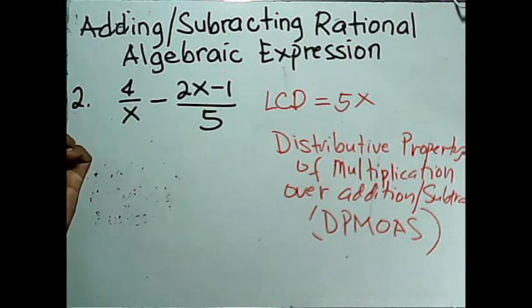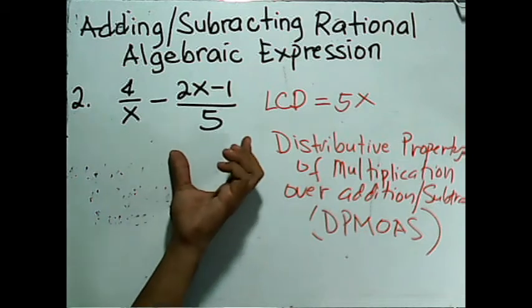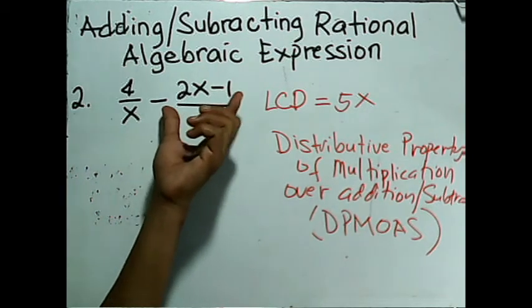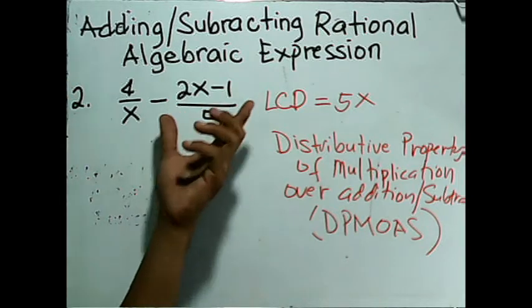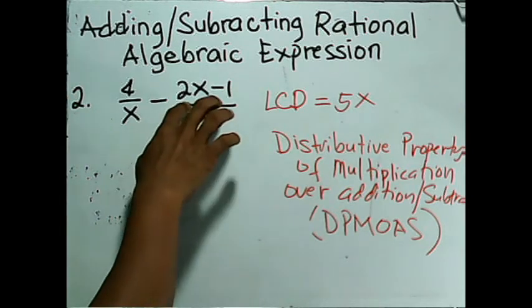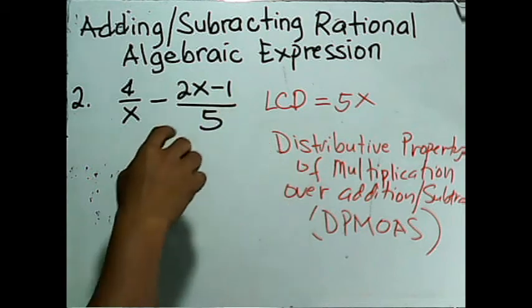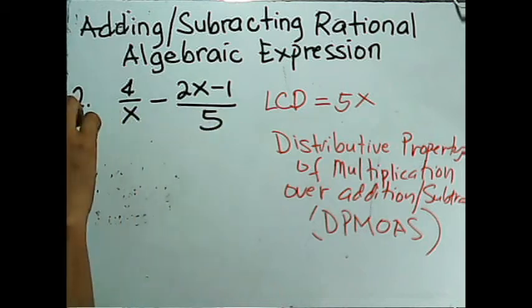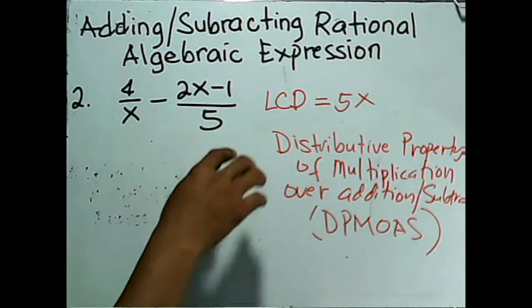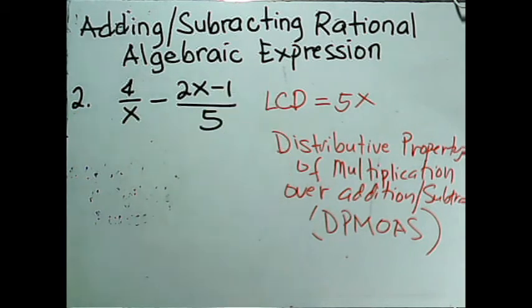Our next example is 4 over x minus 2x minus 1 all over 5. To read this rational expression, you say all over, because when you just say 2x minus 1 over 5, it means the over is at the 1 only.